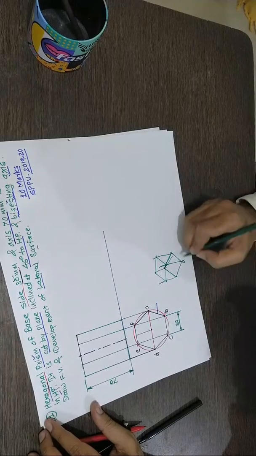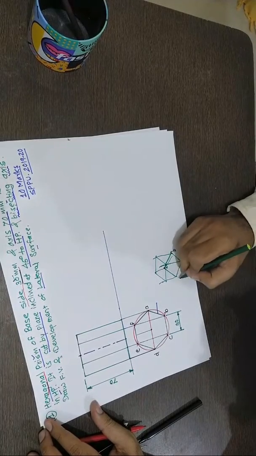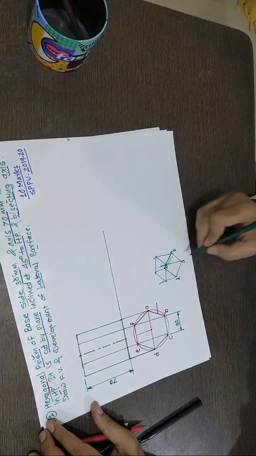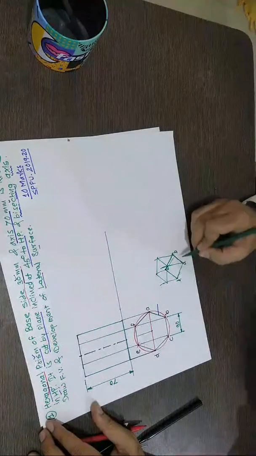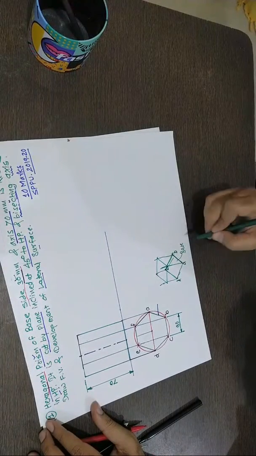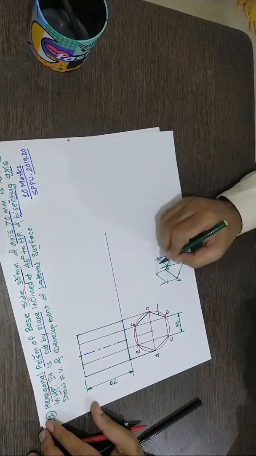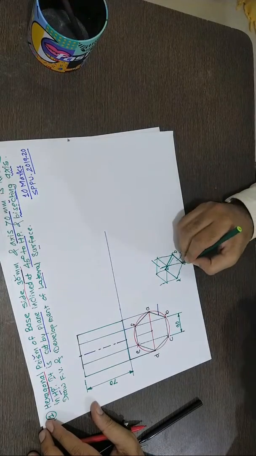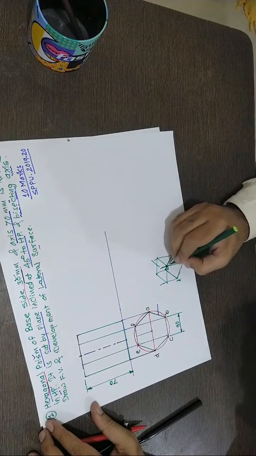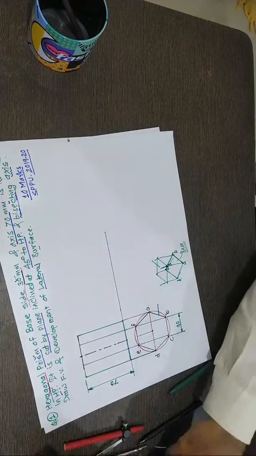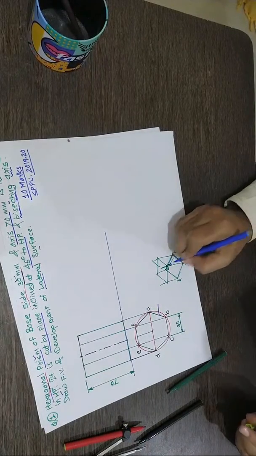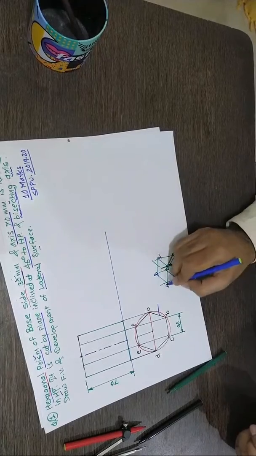So this is A, B, this is C and D. So this A, B, C, D is the base. Similarly, we have a top face. So let's say A and the top face edge, another point will be, let's say 1. This is 1, this is 2, this is 3, and this is 4.